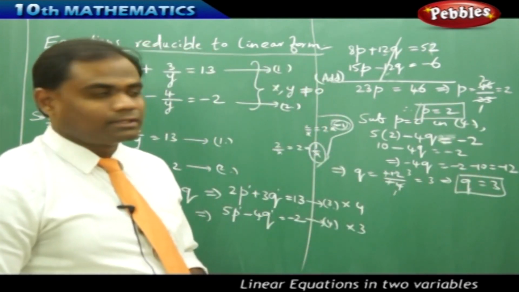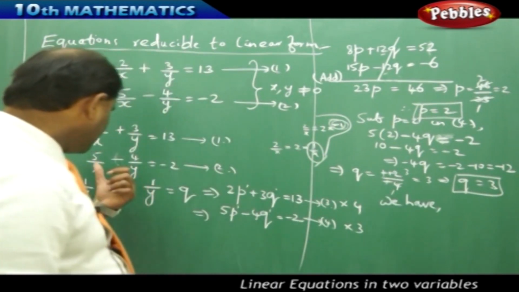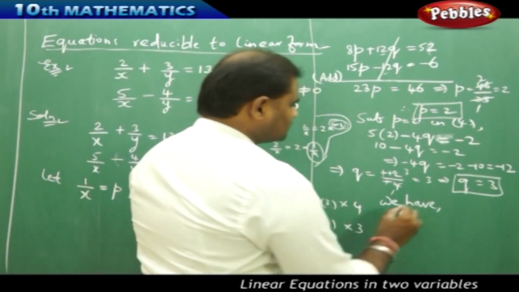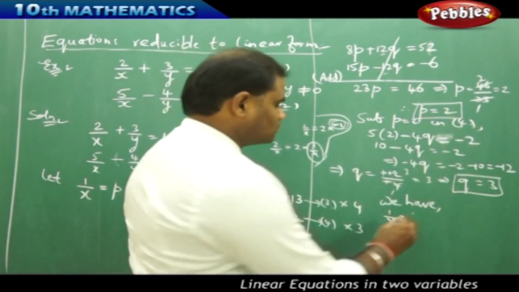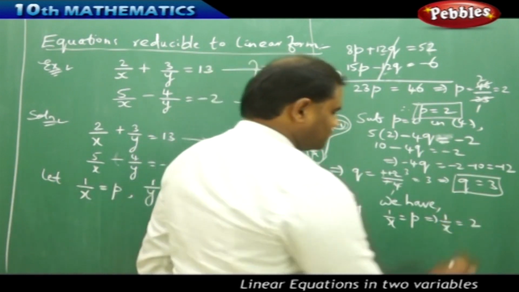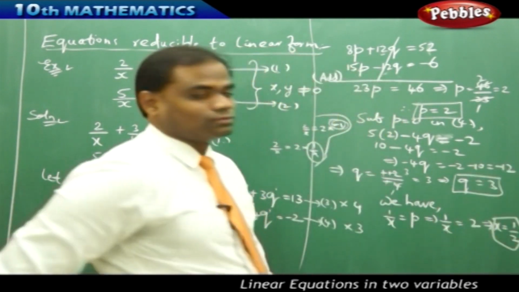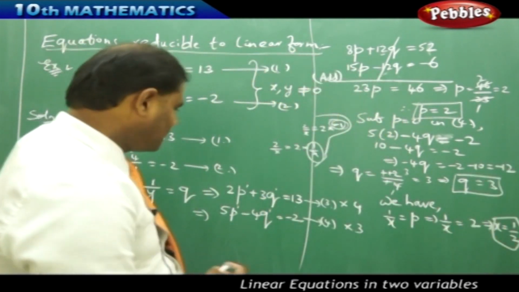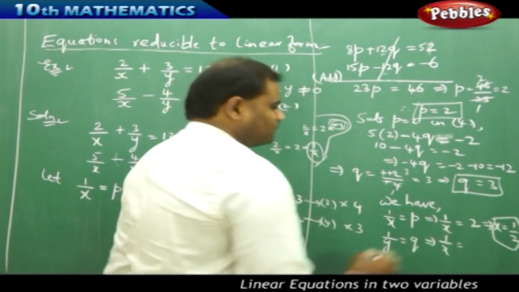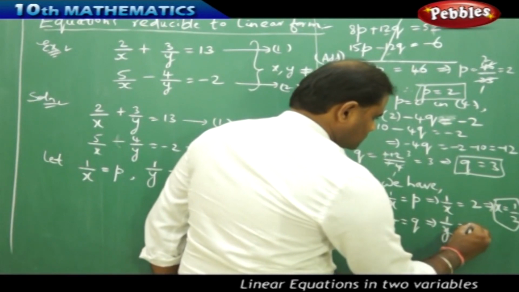I'm going to substitute these in the assumptions, indirectly giving me the values of x and y. 1 by x equal to p, which is obtained as 2. Therefore, 1 by x is 2, which on cross multiplication gives me x equal to 1 by 2. Similarly, I have 1 by y equal to q, which on substitution of the value of q gives me 1 by y equals 3.